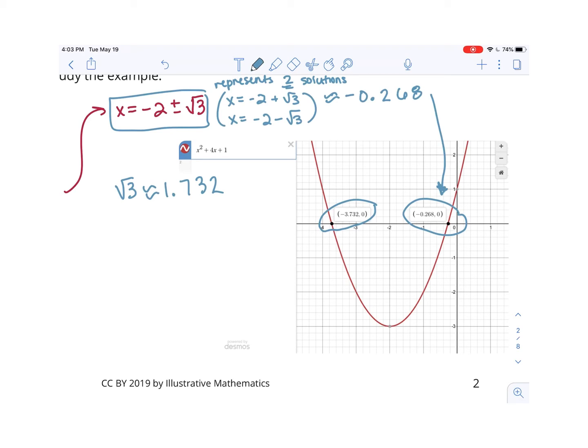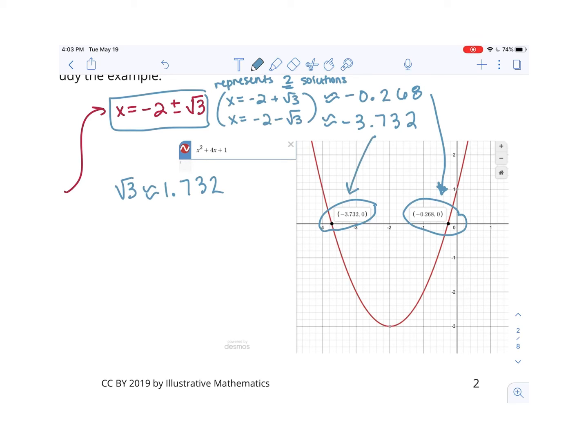And -2 minus 1.732, I get approximately -3.732, which matches with this solution on our graph.